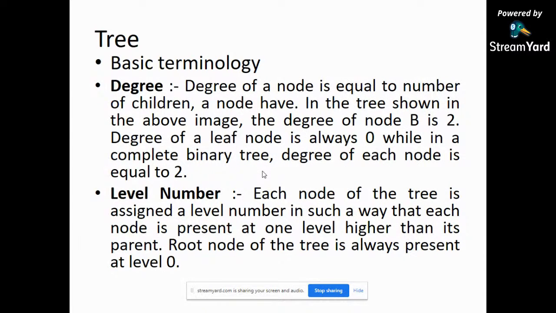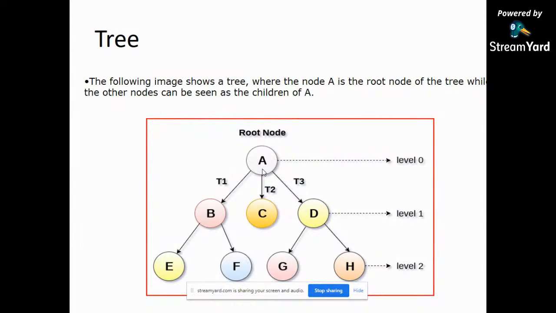Degree. Degree of a node is equal to the number of children a node has. So in this diagram, the degree of node E is 0 because it doesn't have children.